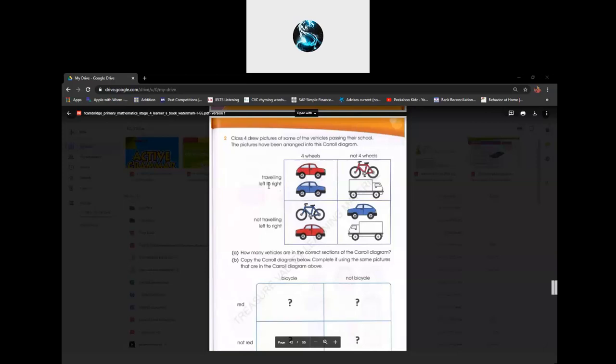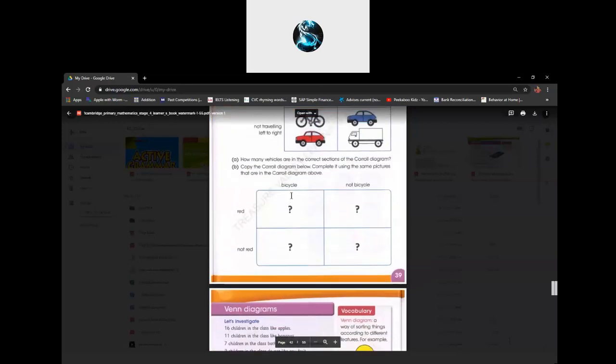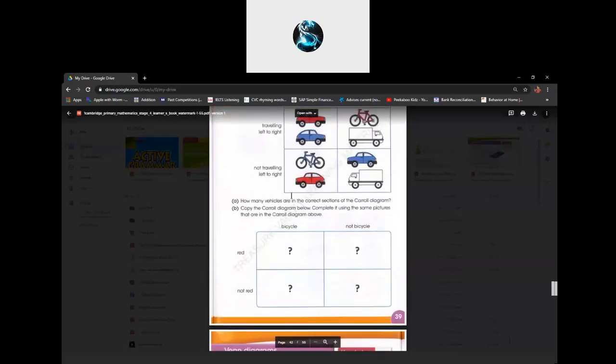And it says traveling left to right, and this is traveling to the right. So my answer would be 1, because that's the only right one. Does anybody have any other answers? Okay. No.